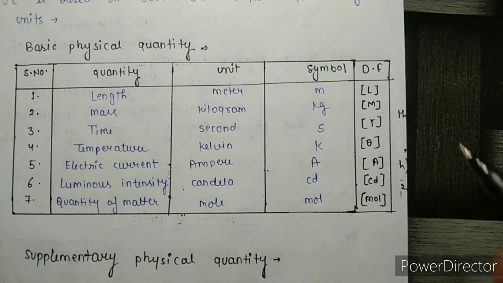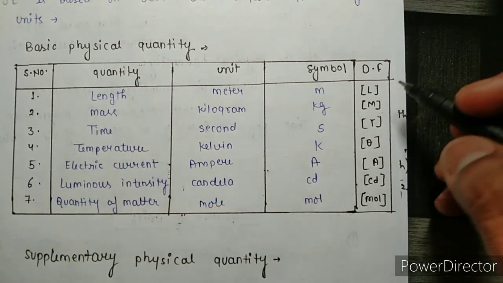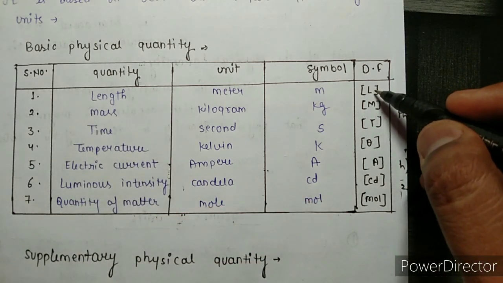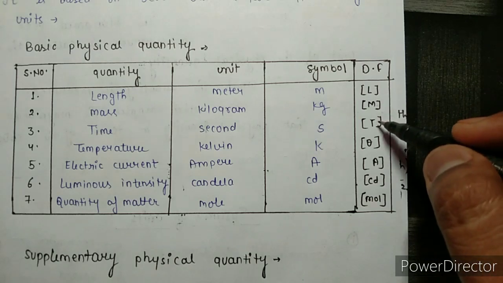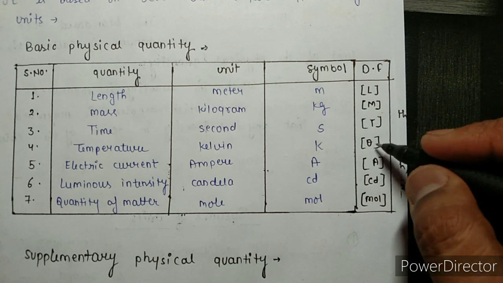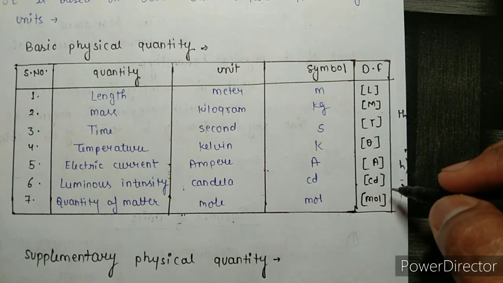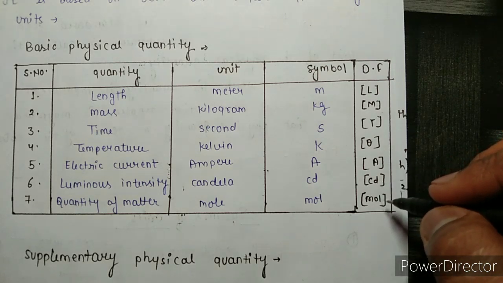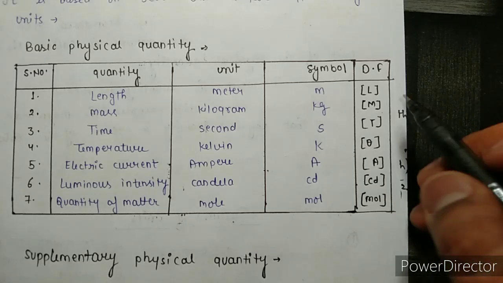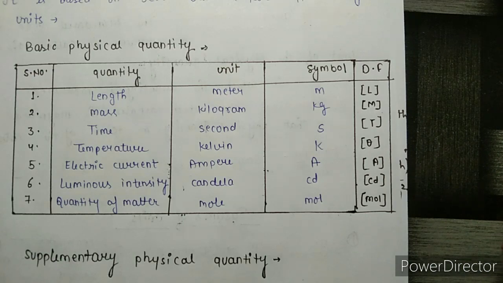The dimensional formulas for the seven basic and fundamental physical quantities are: length is capital L in big brackets, mass is capital M, time is capital T, temperature is theta, electric current is ampere, luminous intensity is cd, and quantity of matter is mol, mole. These are written in big brackets, which represent the dimensional formula of that quantity.